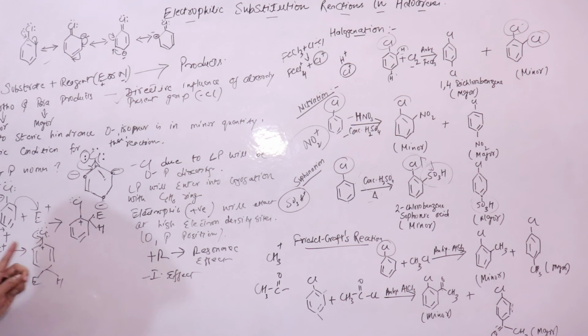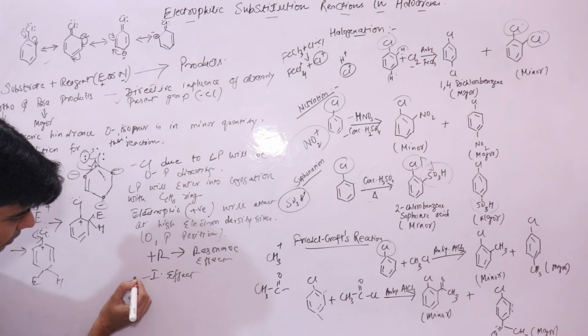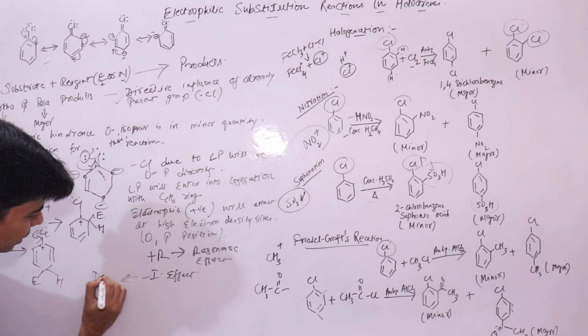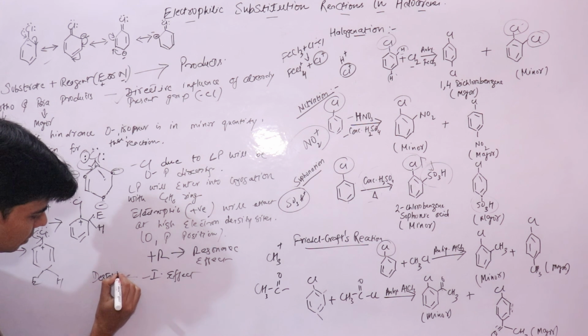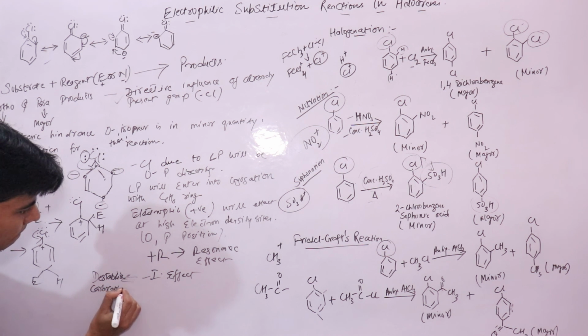Just remember, since it is a carbocation, the minus I effect is increasing the positive charge due to the electron withdrawing effect of the Cl group, so it will destabilize the carbocation.